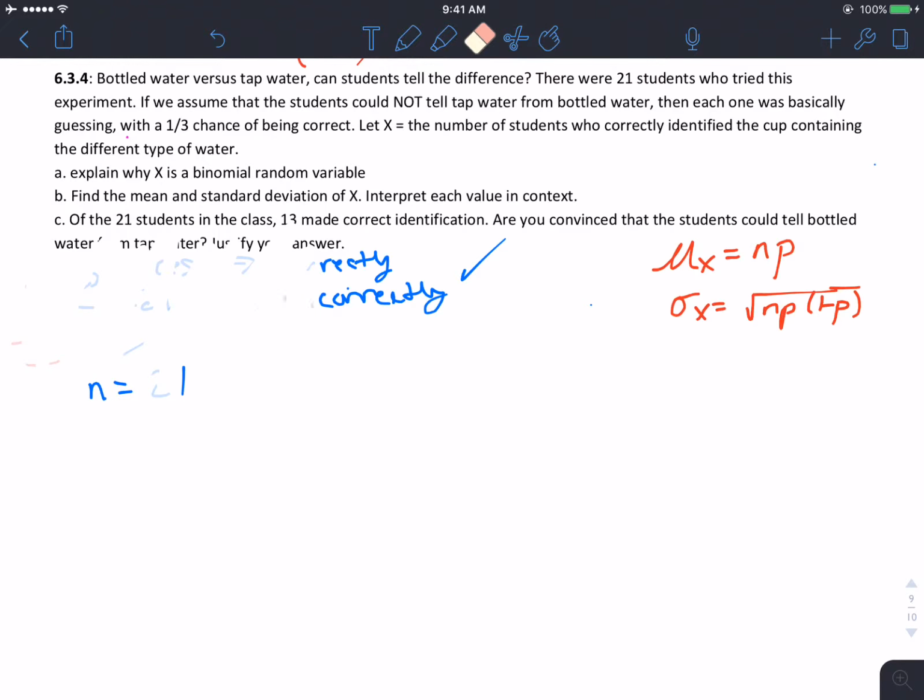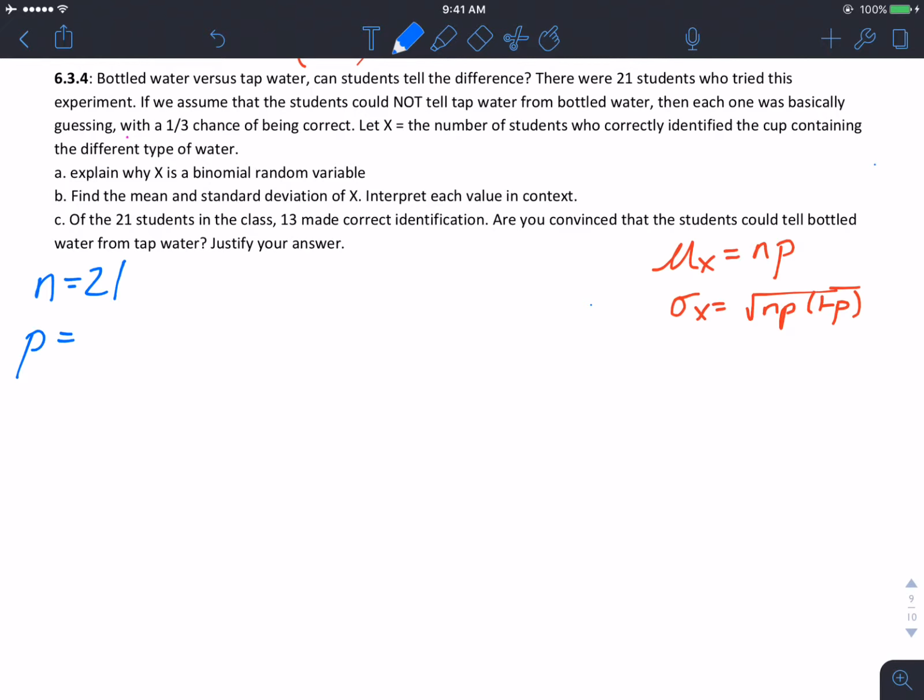binomial distribution. So we need to find the mean and the standard deviation. Well, we said our n is 21 and our p is 1/3. So to find the mean of x, we're going to use our formula, 21 times 1/3.